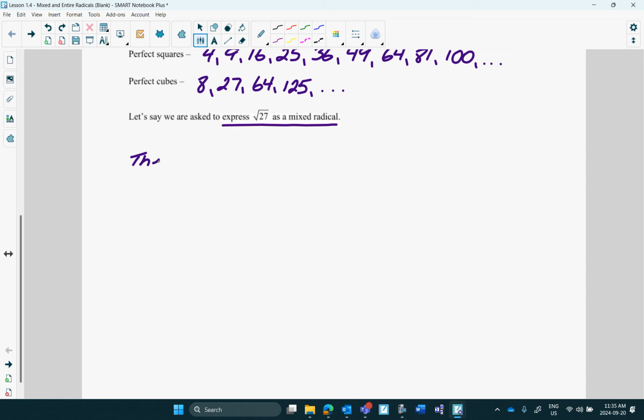First thing we need to do is find the highest perfect square that goes into 27.